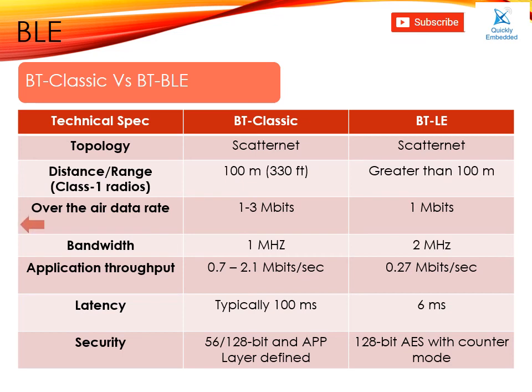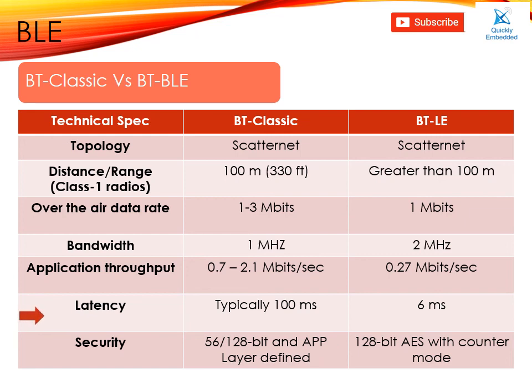Over the air data rate: in BT Classic it was 1 to 3 megabits per second, but a BTLE application needs only 1 megabit per second, so it doesn't need really more than that. The bandwidth is 1 megahertz in BT Classic but 2 megahertz in BTLE. Application throughput is 0.7 to 2.1 megabits per second in Classic, but in BLE 0.27 megabits per second.